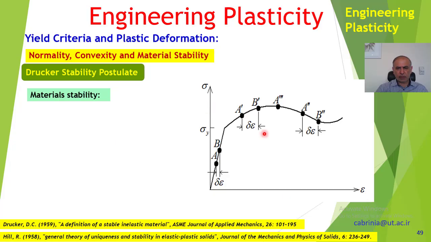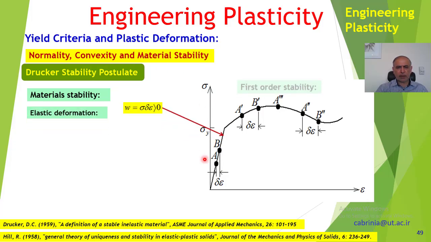Material stability. Now this is the stress strain curve, and we have here the elastic part. Here we have the plastic part, with strain hardening here and strain softening here, and we want to know how this Drucker stability postulate is applied here.